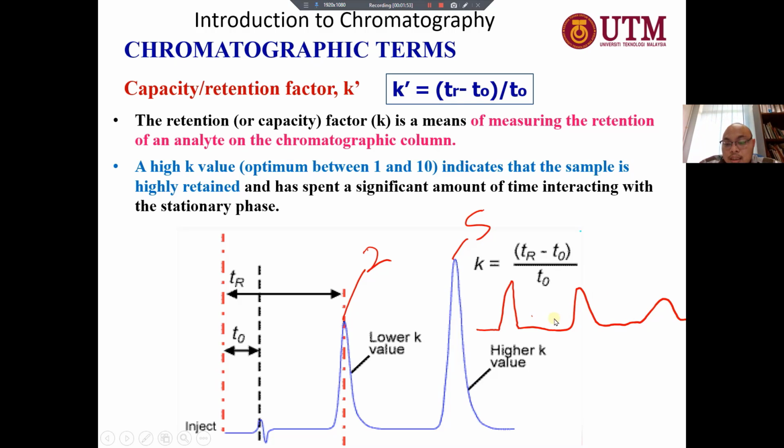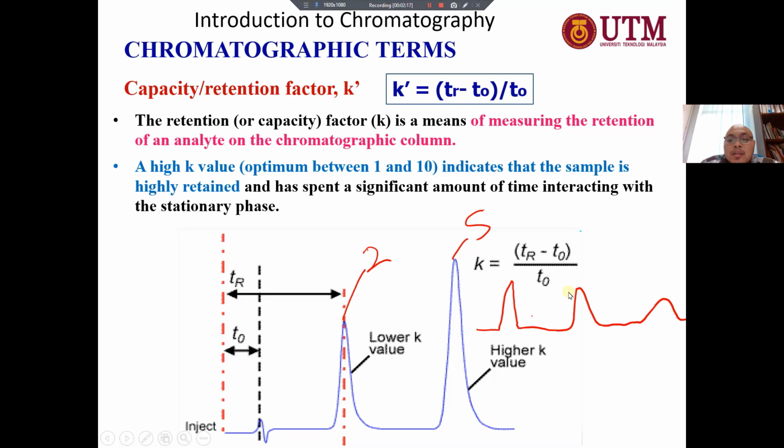The shorter it interacts with the stationary phase, the sharper the peaks become. So we try to keep the retention factor value between 1 and 10. It's better to have a high capacity factor, but not too much.